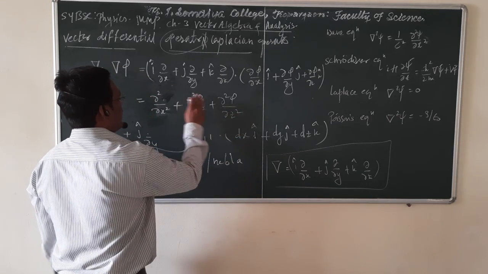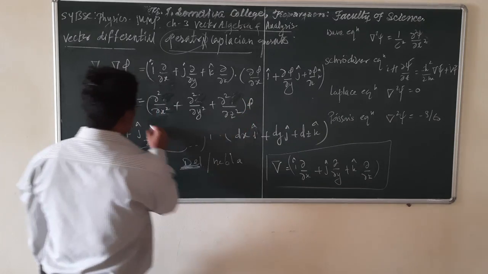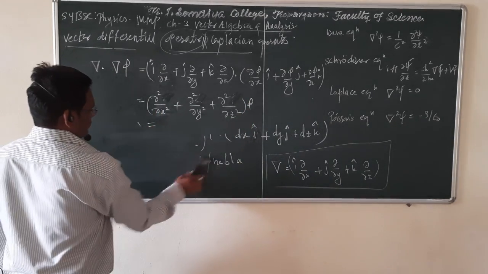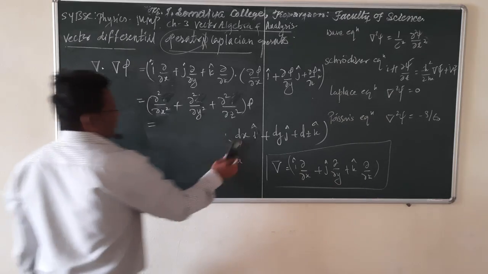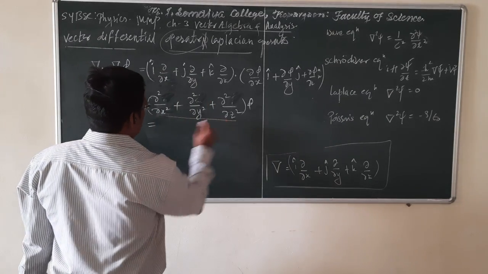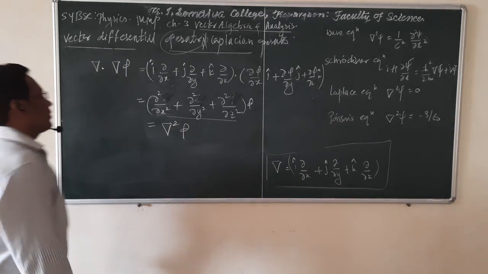If you take phi common from all this, this is what we call the Laplacian operator, which is del square.